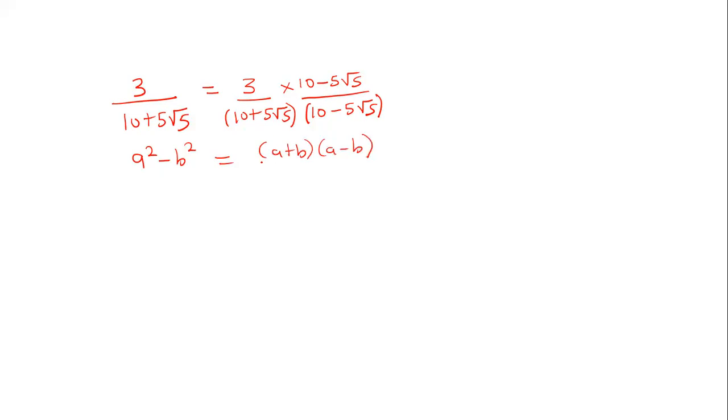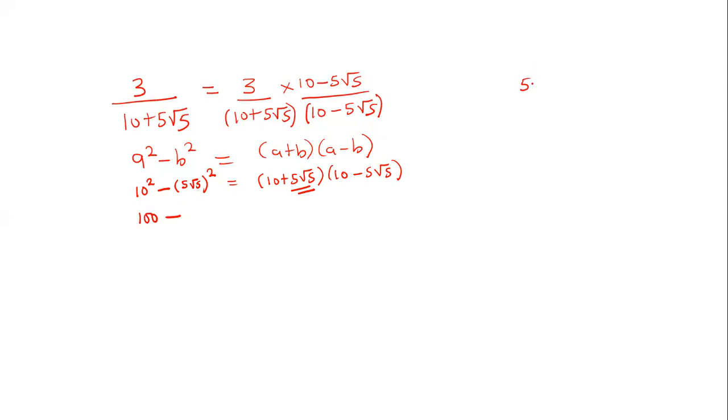When you look at our two denominators, you have 10 plus 5 root of 5 into 10 minus 5 root of 5, meaning that our a is 10, minus b, which is 5 root of 5 squared. So this is the same as 100 minus.